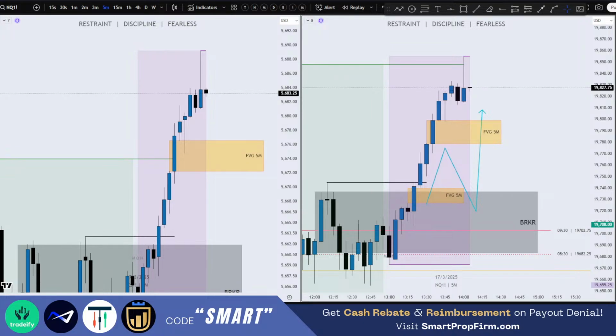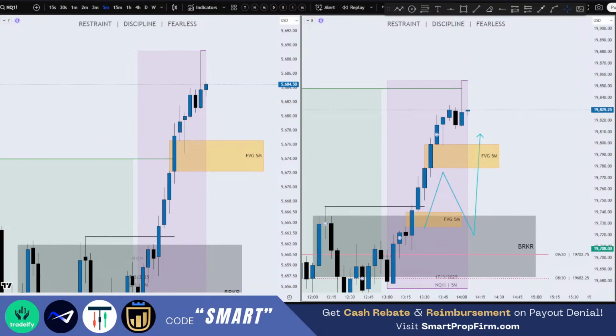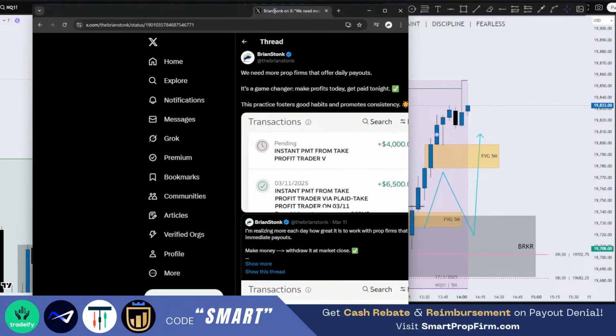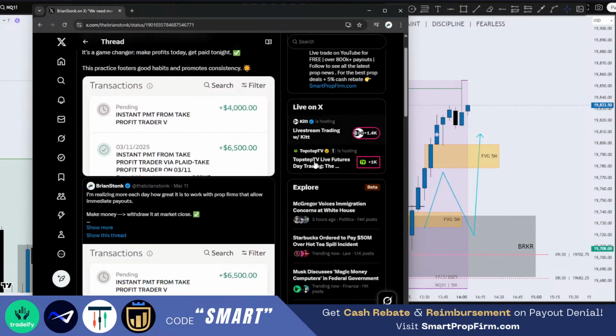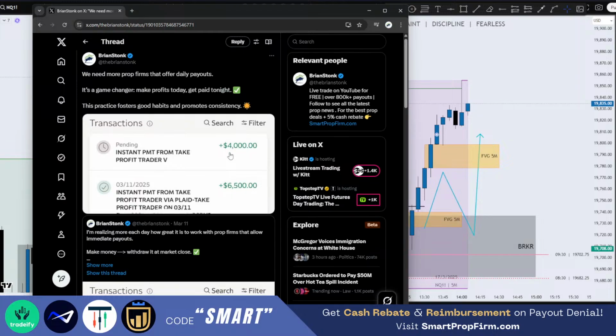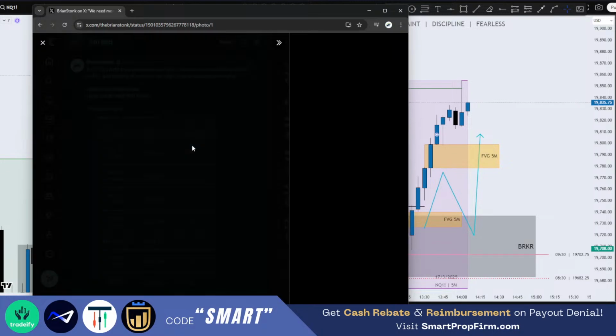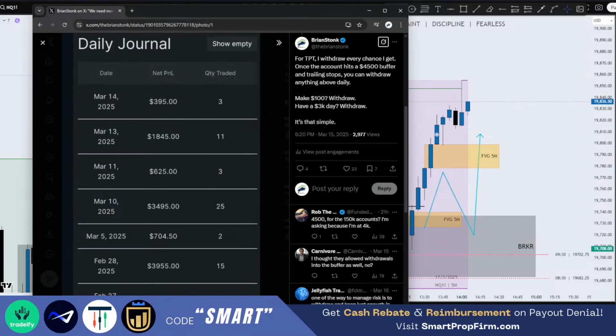Peter Brand is the biggest boomer I know, man. I don't want to get too off topic, but just take a look at this. 4K profit, right? I literally have my trading activity in the comments: 3,900, 700, 3,400, 600, 1,800.